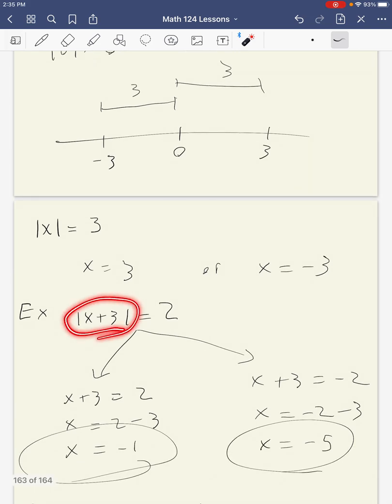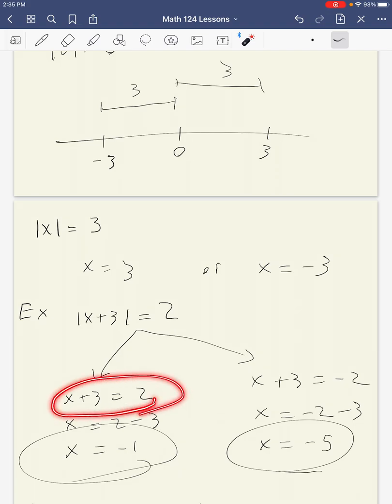But if the equation is a little more complicated, like we have x plus 3 inside of the absolute value, then we break it up as follows. If we have the absolute value of x plus 3 equals 2, we break it up into x plus 3 equals 2, or x plus 3 equals negative 2.